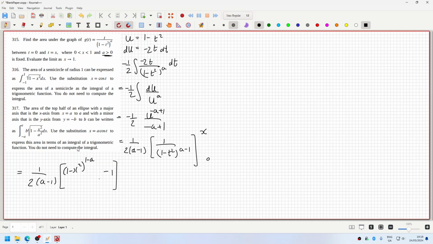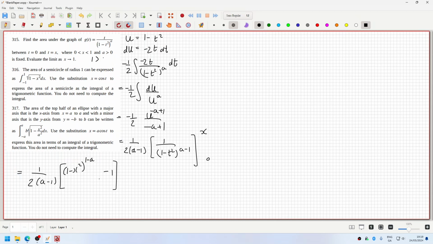I think a is more than 0, but do we have to say a is less than 1 here, or does it not matter? We just don't want to divide by 0, so we don't want a negative power. So we want to keep 1 minus a positive.